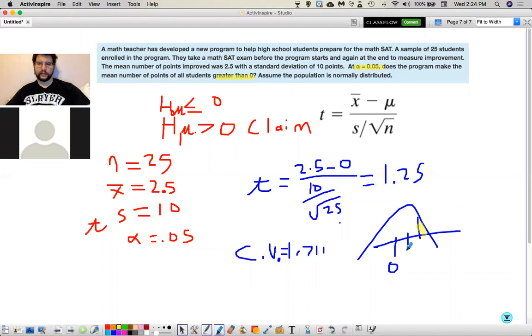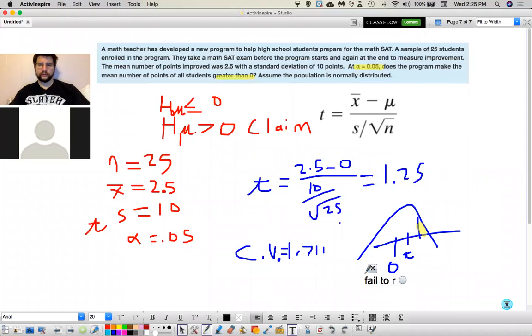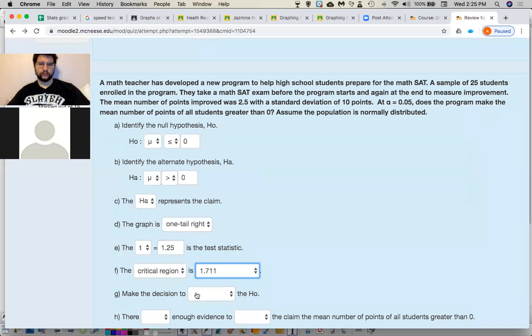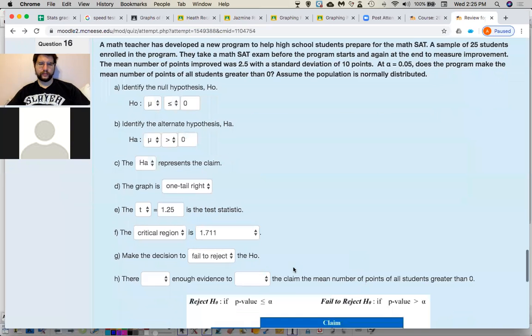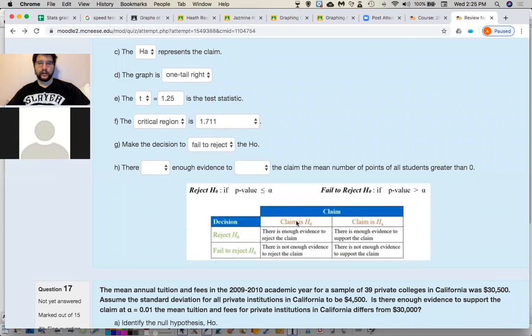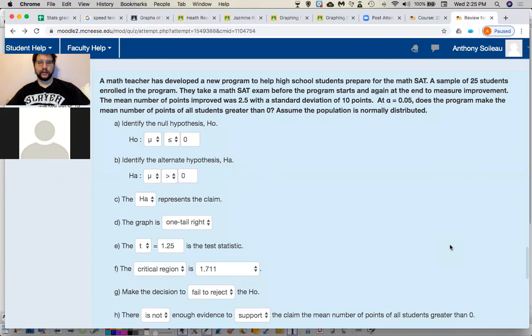Yep, the test statistic is not in the rejection region, so we fail to reject the null. The claim was in the alternative, so there is not enough evidence to support the claim. So that's it for the hypothesis test on that one.